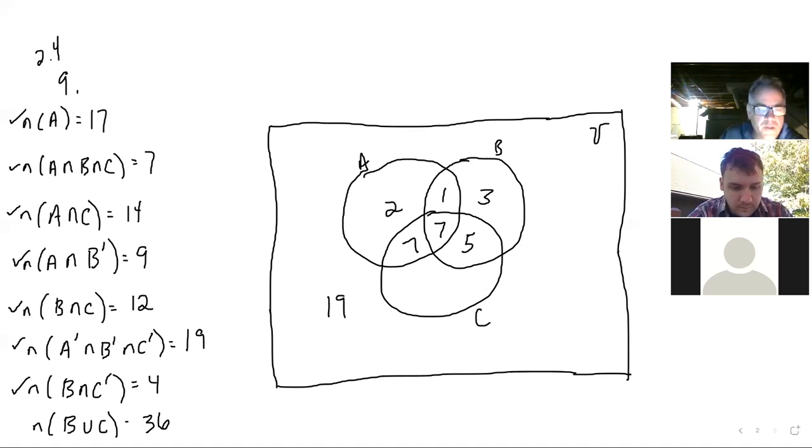So I'll add up what I do have. That's 4 plus 5 is 9 plus 7 is 16 plus 7 more would be 23, and 36 minus 23 would be 13. And so that would be what I would need to get my total of 36. And from there, it's just go to my math lab and punch the numbers in each field.